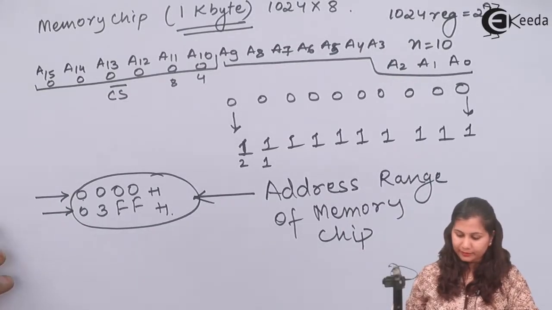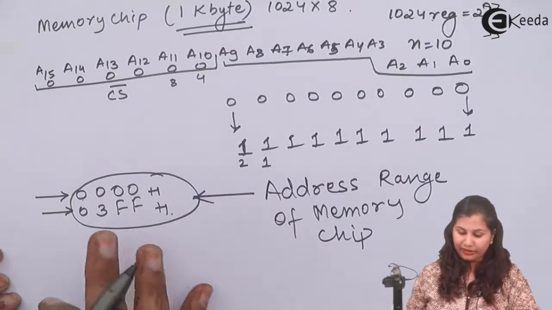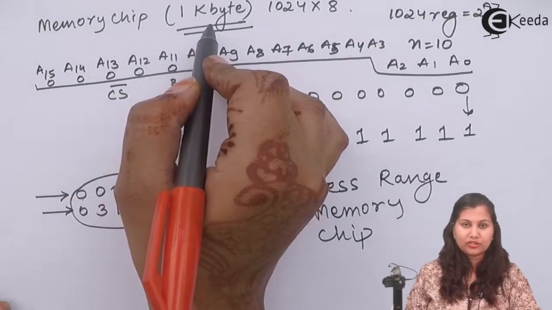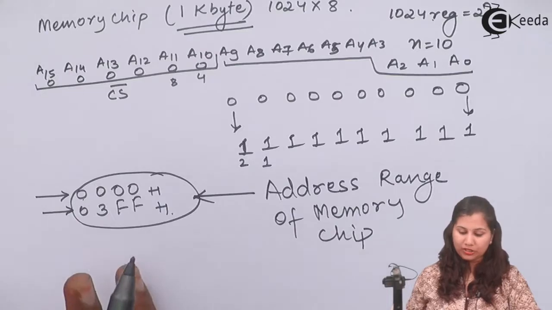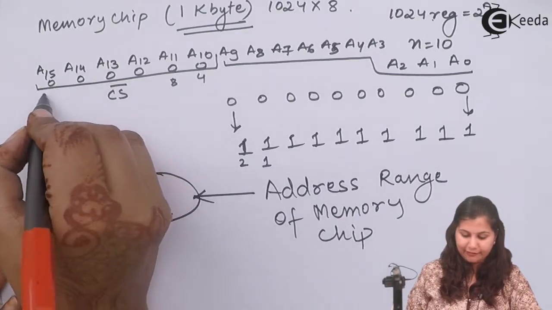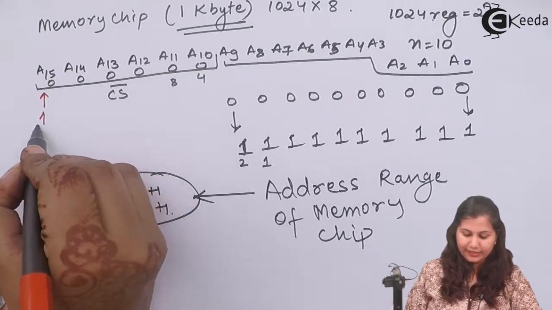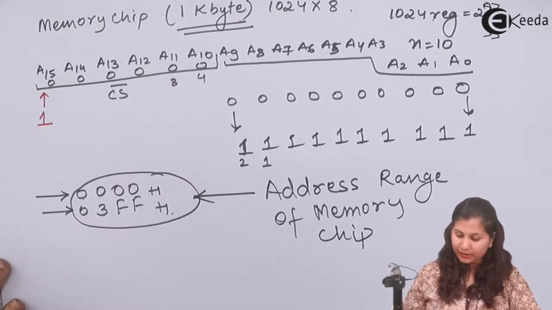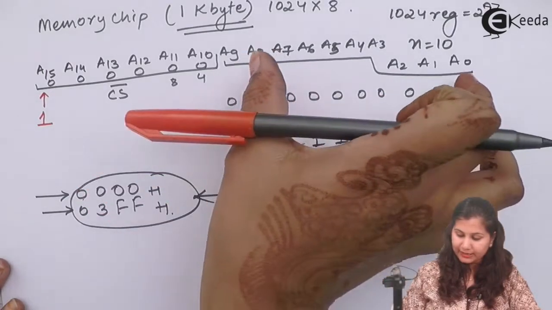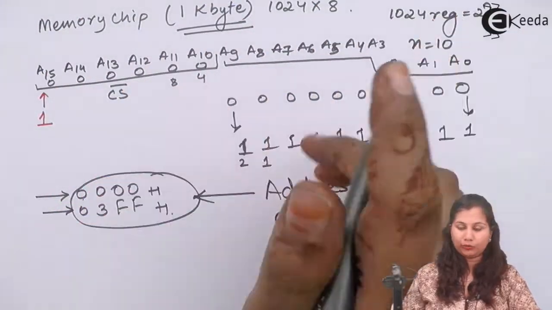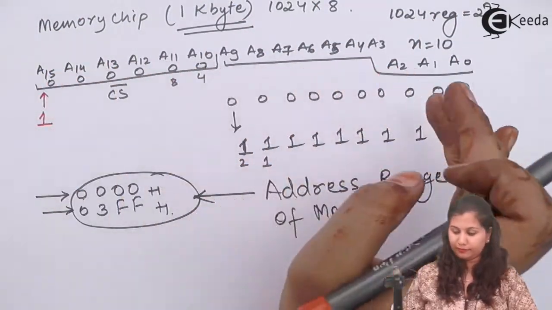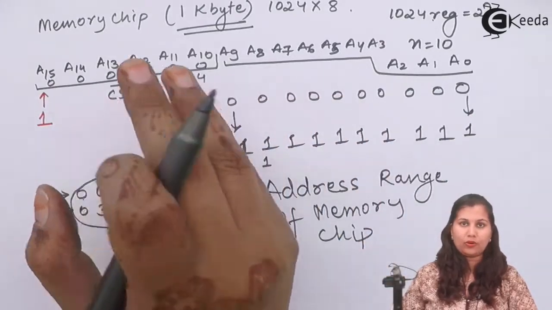So let's see, in this example where we have taken this memory chip which is having the size 1 kilobyte, if we want to make some change, like if we want that this A15 line is always at logic 1, because what we are doing here, these lines which are used to address the memory chip, they can have any value from 0 or 1.